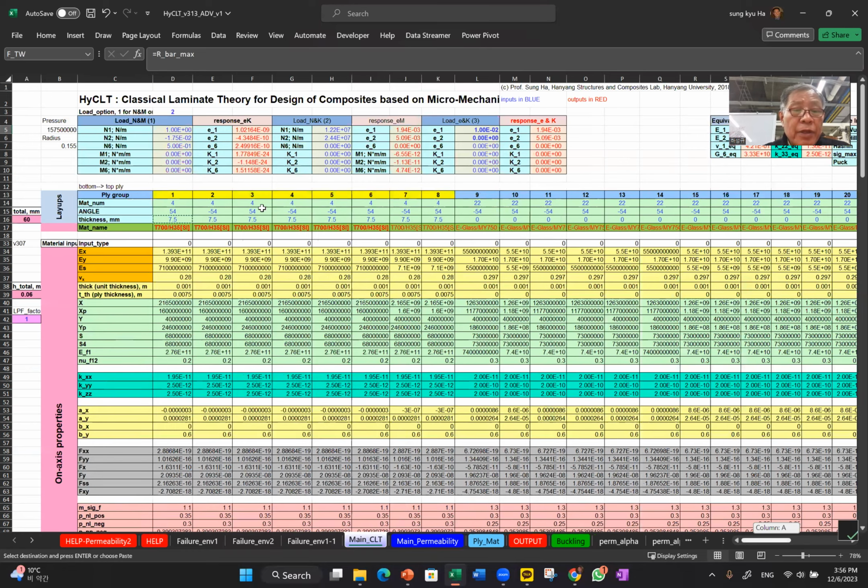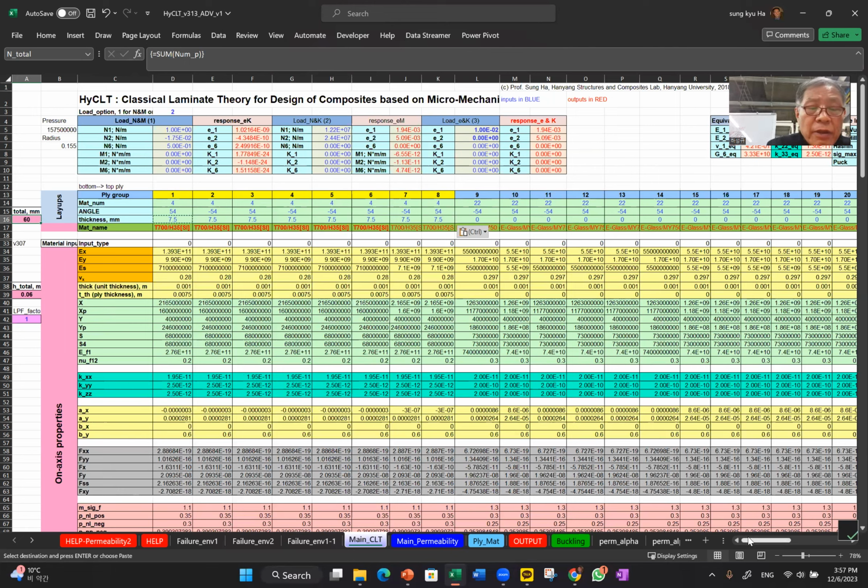So under this much radius or diameter and this much pressure, the total thickness has to be 60 millimeter. That is what we need to understand, and this one is based on the psi-U failure criterion.